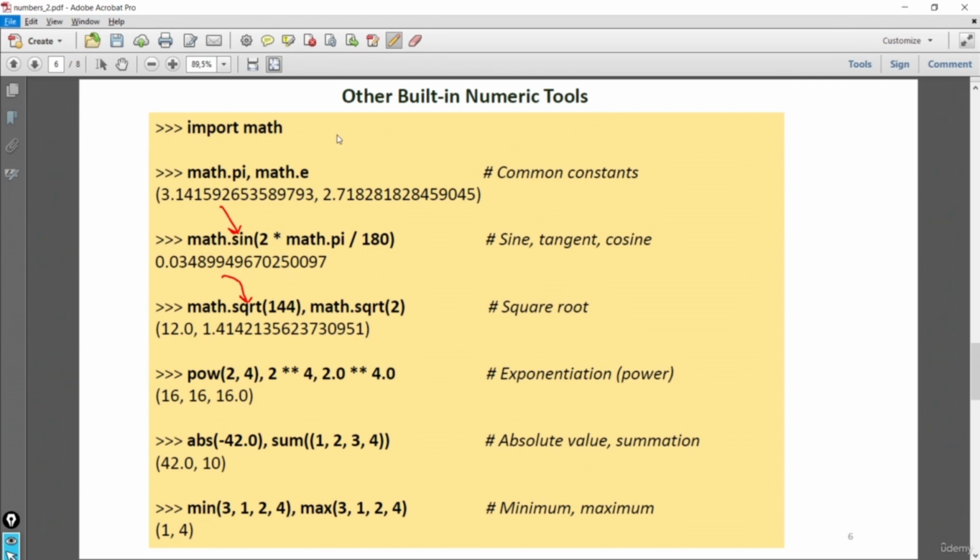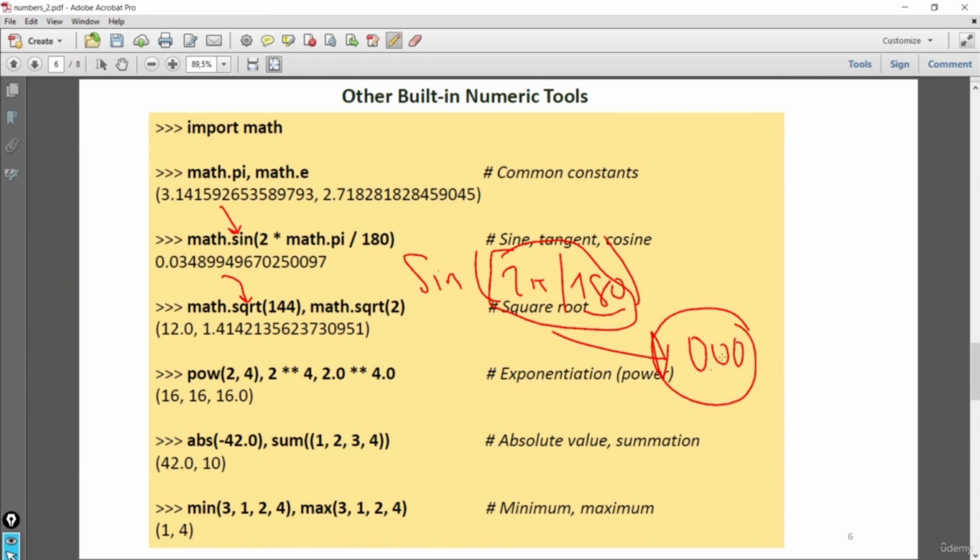Here we calculate sine of 2 pi over 180. This is a number, not degrees. Don't confuse it. Inside we have radians, and this is a very small number, very close to 0, so its sine will also be close to 0.